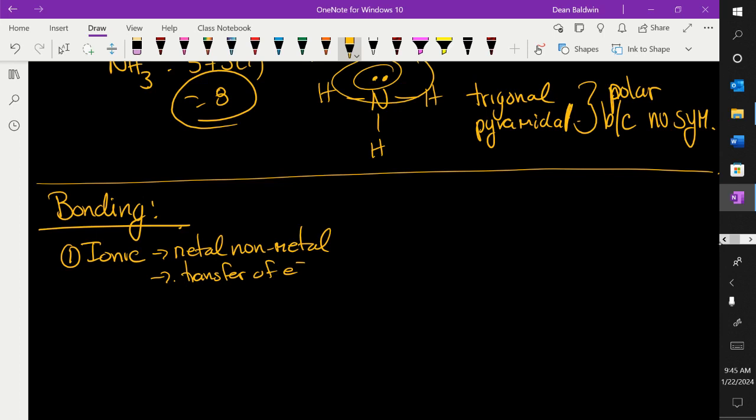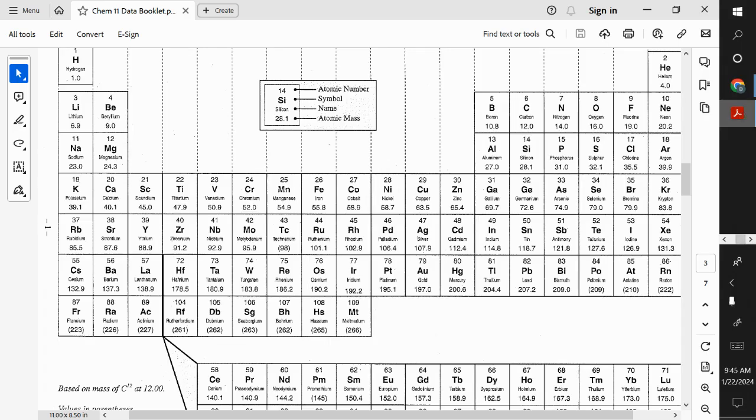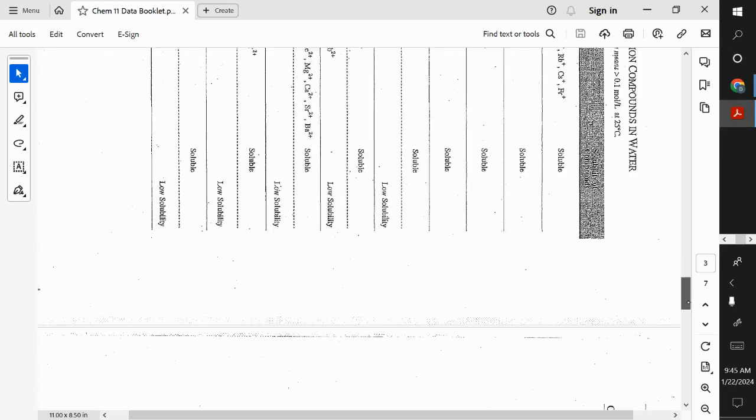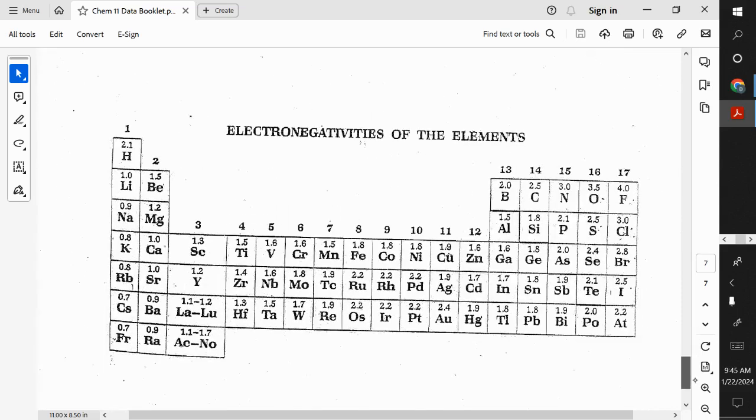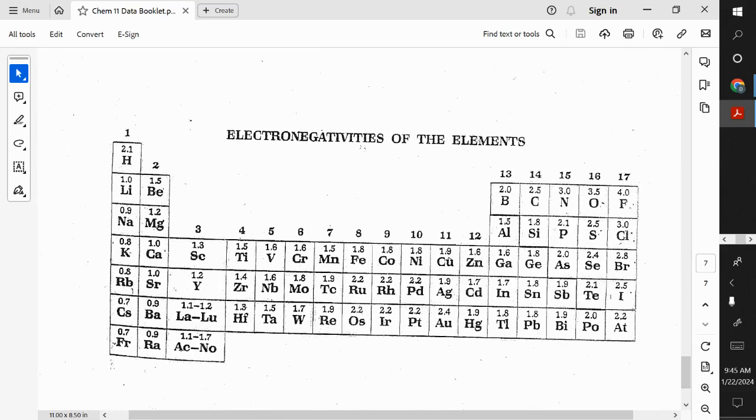And if you remember from that data table in your book, these are the electronegativities. If we did sodium and chlorine, 3.0, 0.9, if you subtract them, you get 2.1.